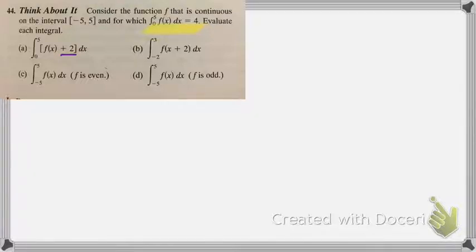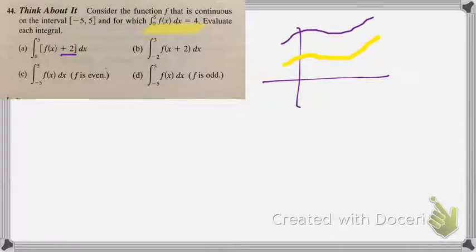Jordan, go ahead. I saw the +2 as a vertical shift. Graphically, if you drew the function and then shifted it up 2, you know the area under your function is 4, and since you shifted it up 2, you'd have to take that additional area of the 2 times the same interval, and then you get the total area.